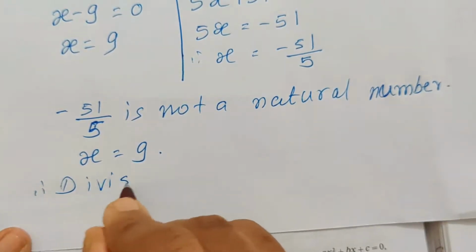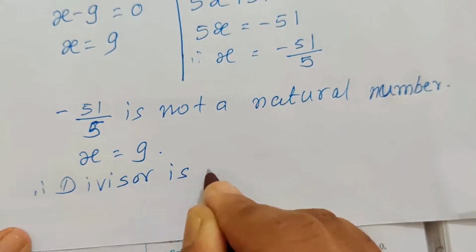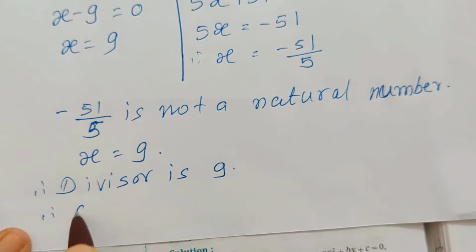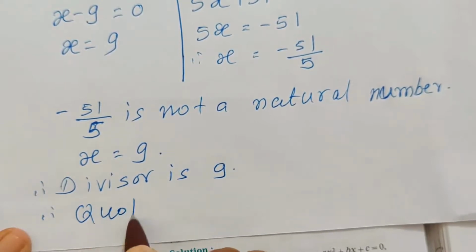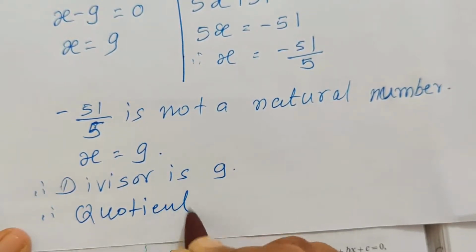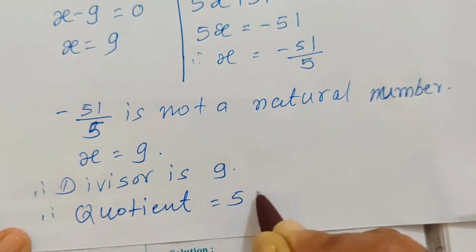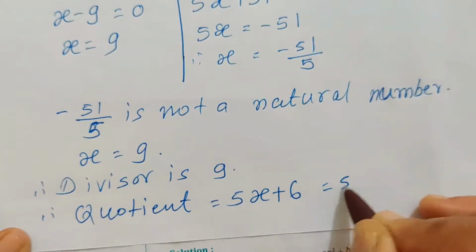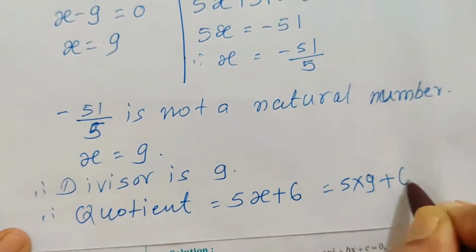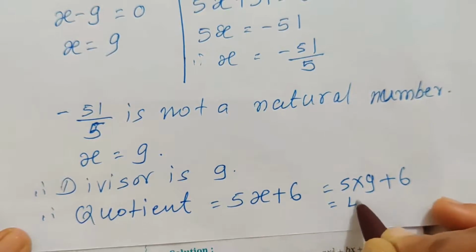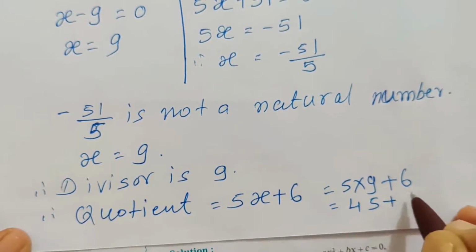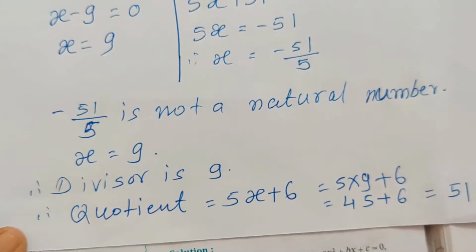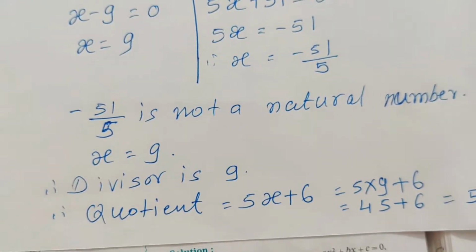So first divisor is 9, and so quotient is equal to 5x plus 6, equal to 5 multiplied by 9 plus 6, and you get 45 plus 6 is equal to 51.